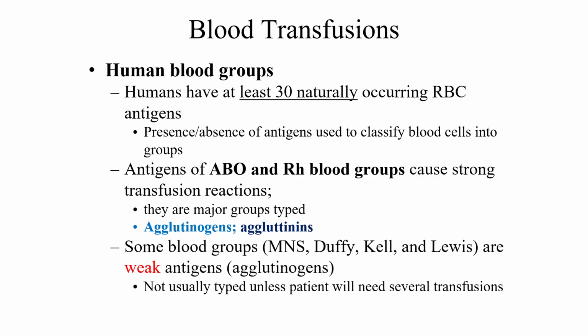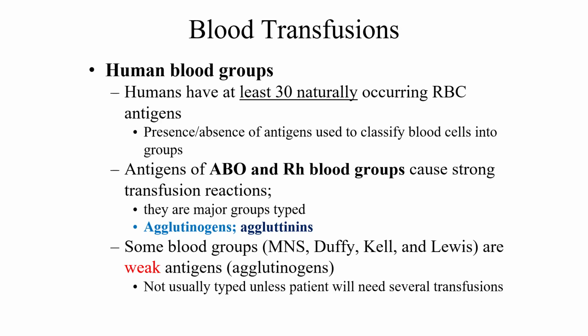Now, the MNS, the Duffy, Kell, and Lewis blood groups are less common blood group antigens. They are weaker antigens compared to the ABO and RH blood groups, so we don't typically use these to type people. We only type them for patients who will need multiple transfusions, like in situations where they have chronic anemia or sickle cell disease or bone marrow transplants.